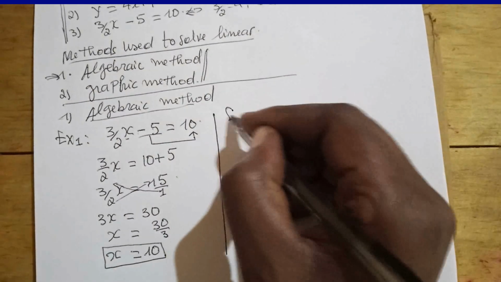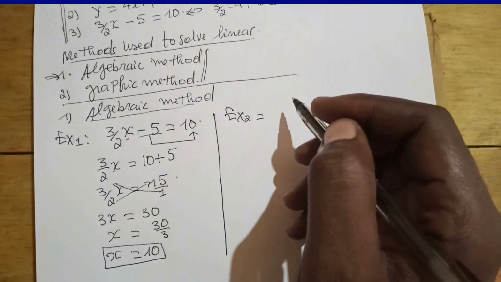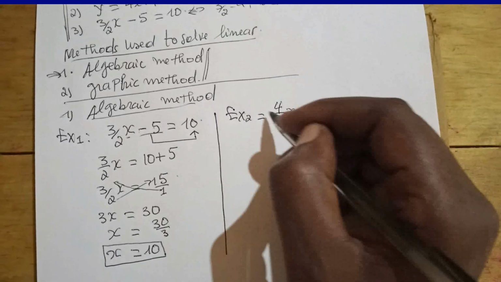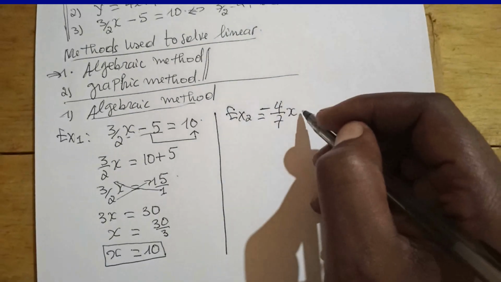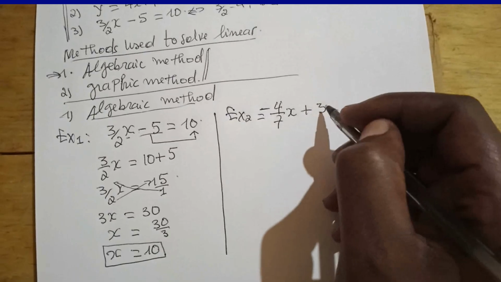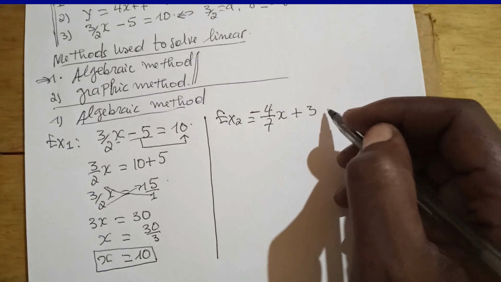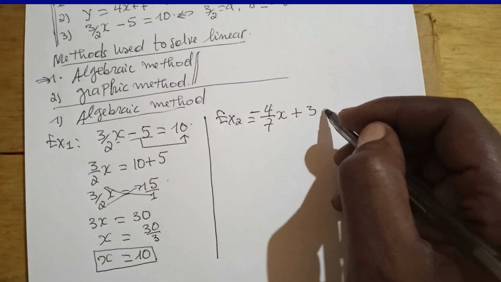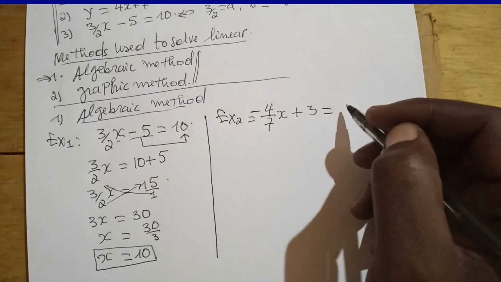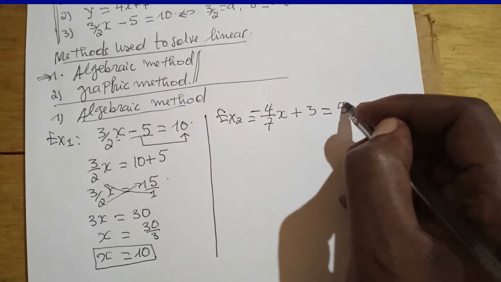The second example, for example, we can have minus 4 over 7x plus 3 equals, for example, 5.